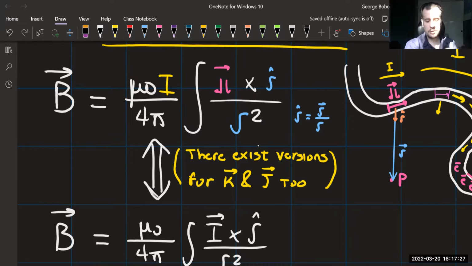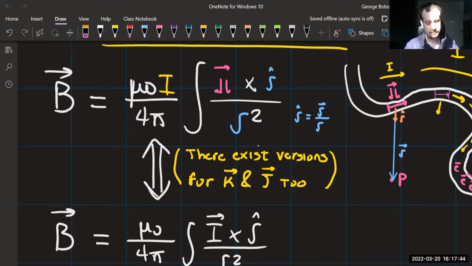So we only use this full equation when we don't know the direction of the magnetic field and we've got to do the actual cross product. Like the right-hand rule, for example, won't help us. We don't know exactly what to do, so we use the actual full law.